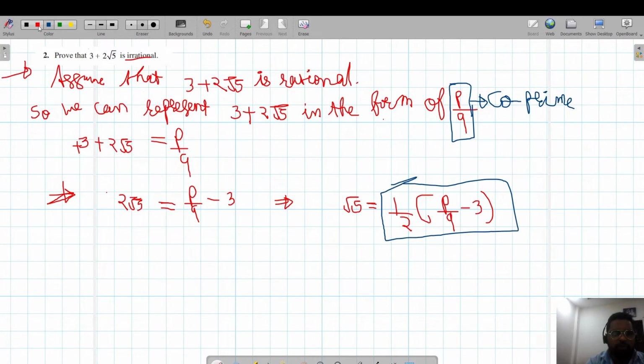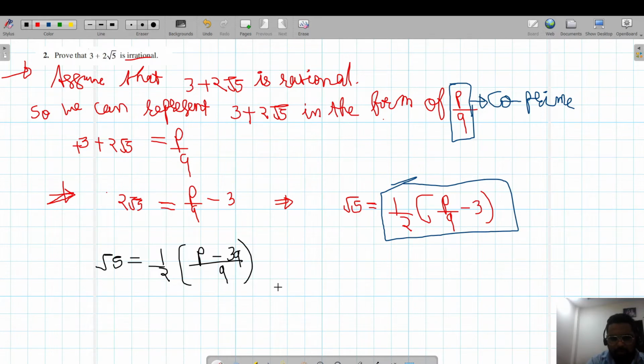I need to solve it a little bit more so you can understand it properly. First of all I will solve the bracket side, according to the BODMAS rule. I will take q as the denominator and multiply by q, so 3q will come here.